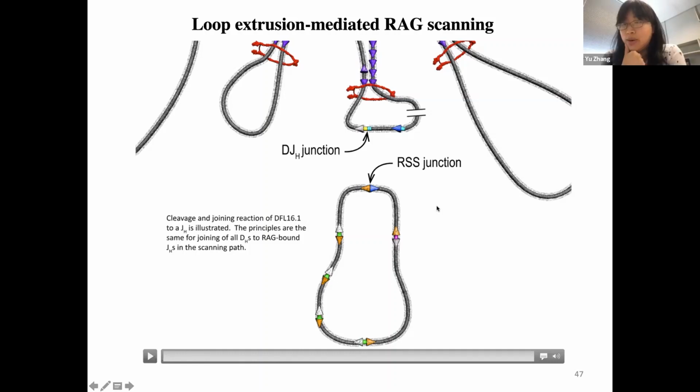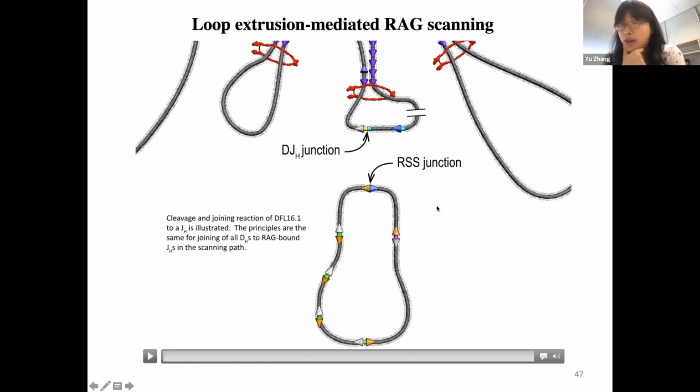Yeah, of course, there are a lot. For example, in SCID, there is lack of RAG activity that, of course, will lead to immunodeficiency. Yeah. But because of this loop extrusion model, it's also interesting to know that other than RAG, other regulators of this process can also lead to immunodeficiency or other diseases.